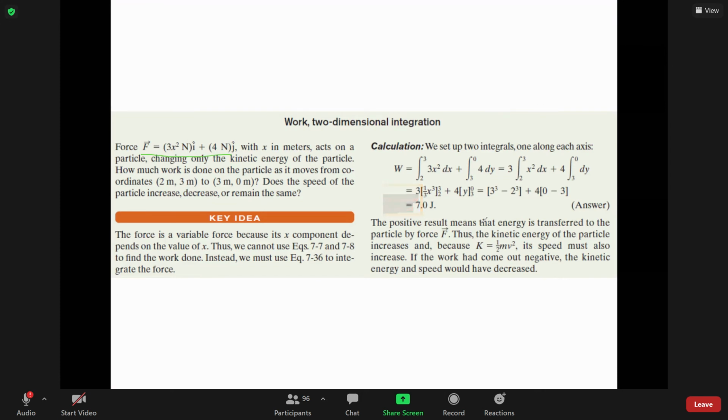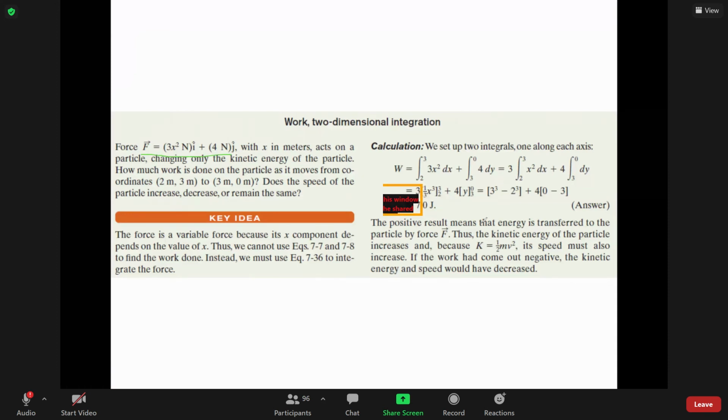Al x component is a variable. As a result, what should be the force? Variable. ال y component is 4 Newton, constant. Al x component 3x squared, variable. As a result, when I add them together, what should be the force as a whole? Variable.